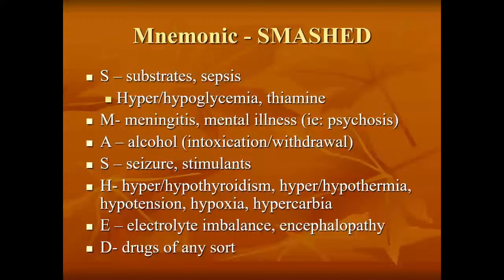And then this other one, SMASH: substrates, talking about metabolic things for the brain, sepsis, and thiamine being important too, and we'll talk about that later when we start talking about alcoholism. And meningitis, mental illness, alcohol again, seizure, stimulants, hypothyroidism, temperature again with hypothermia, hypoxia, that one's important, hypercarbia, we see that a lot, especially since a lot of our patient population is not the healthiest, a lot of obesity.